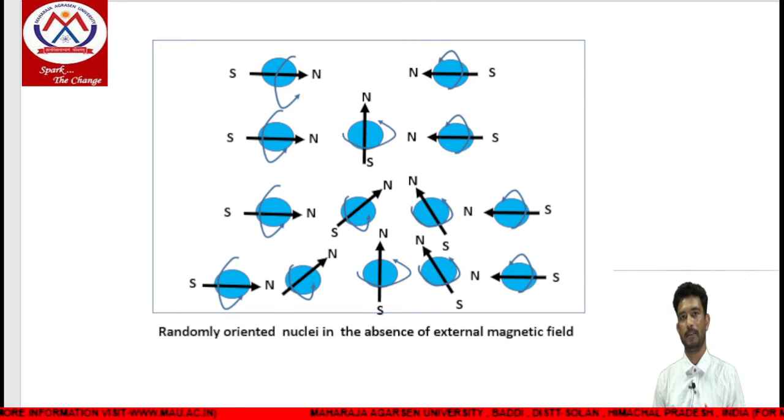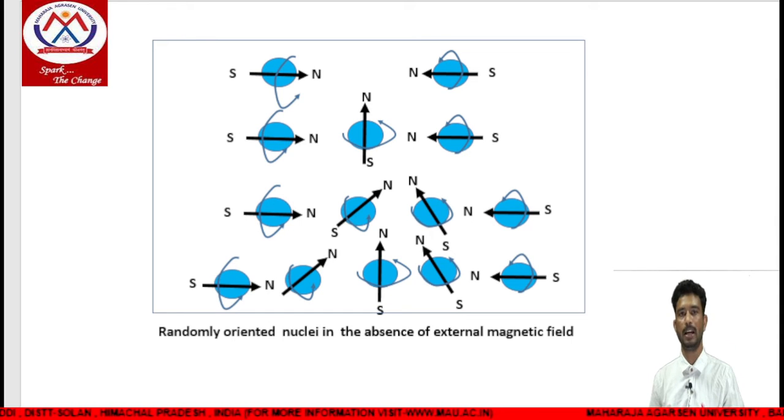We can see here the north pole and the south pole. And I have already said that atoms behave as teeny magnets. Now if we apply a magnetic field, what will happen to those teeny nuclei?